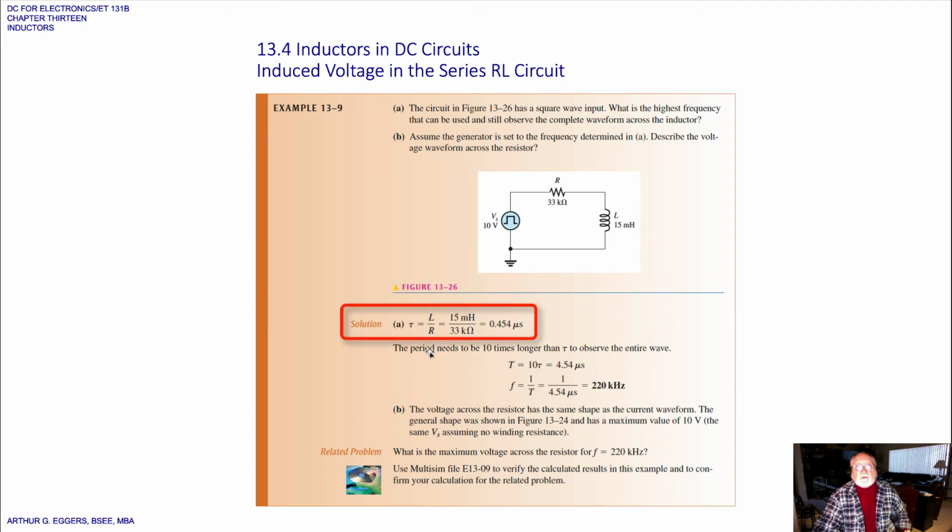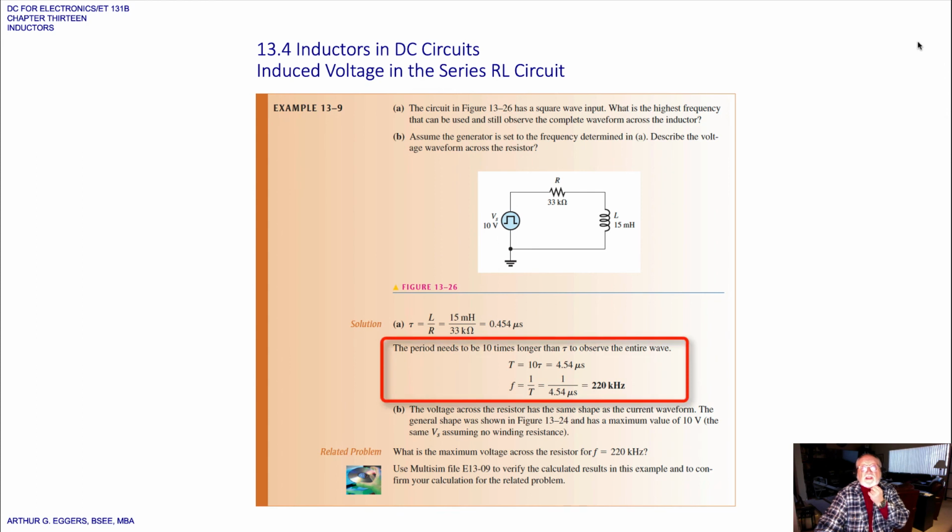So again, like we did before, let's calculate the time constant, L over R. 15 millihenries over 33 kilohms gives us a 0.454 microsecond time constant. The period needs to be 10 times longer than tau, the time constant, to observe the entire waveform.